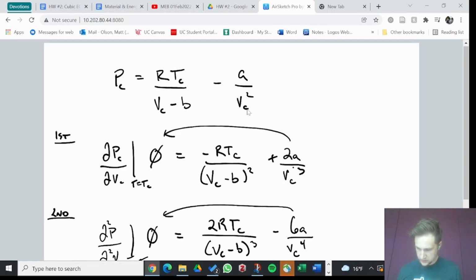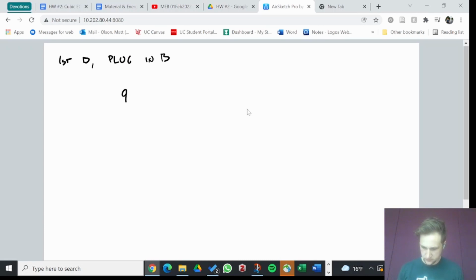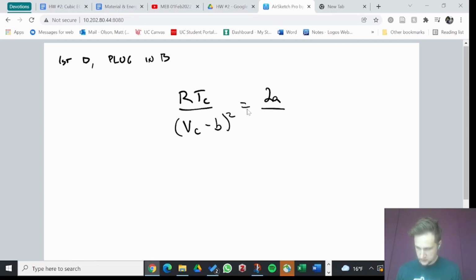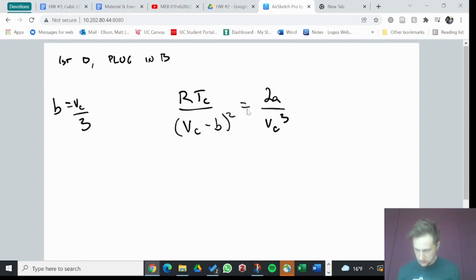Okay, and then let's go to this one right there. So let's solve for this. So RTC over TC equals VC minus B squared equals 2A VC cubed. Now we know that B equals VC over 3, so we can plug in our B there.